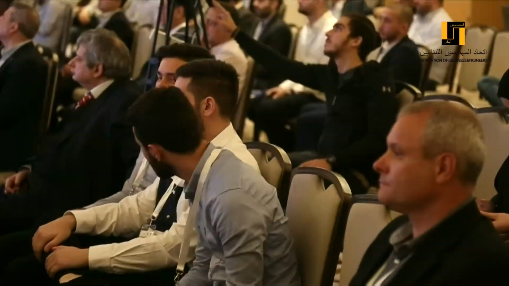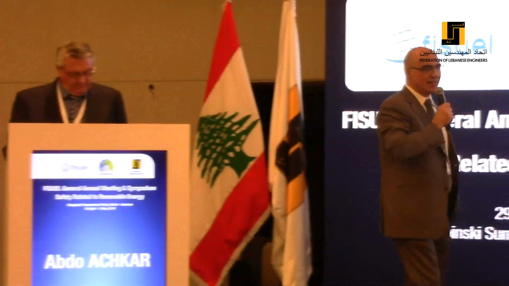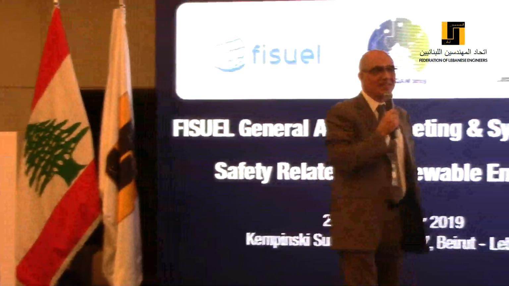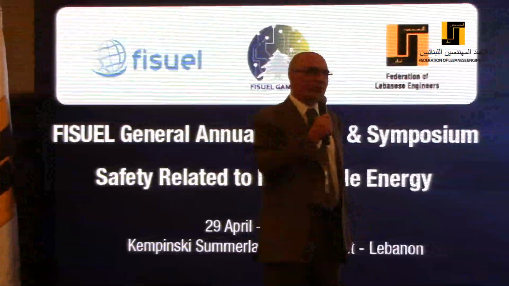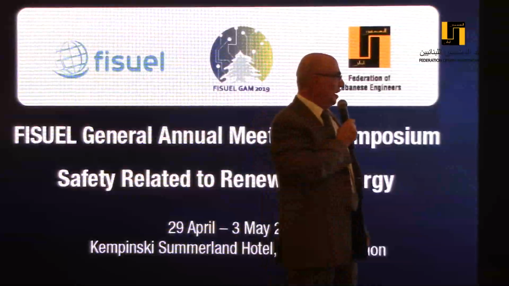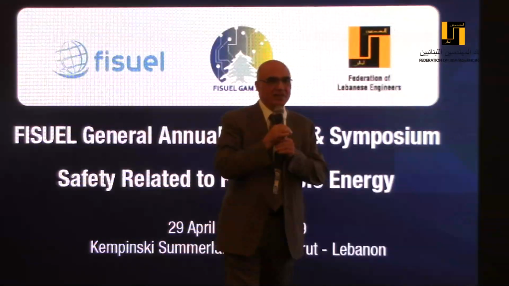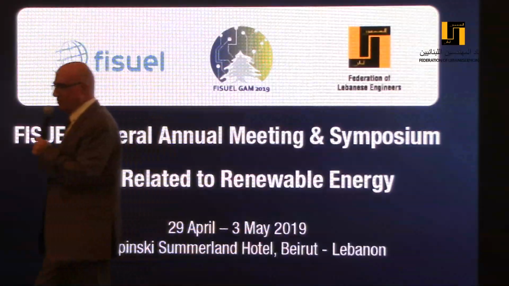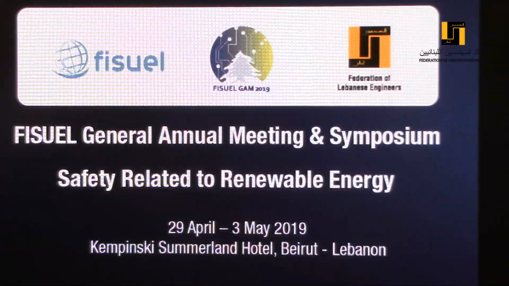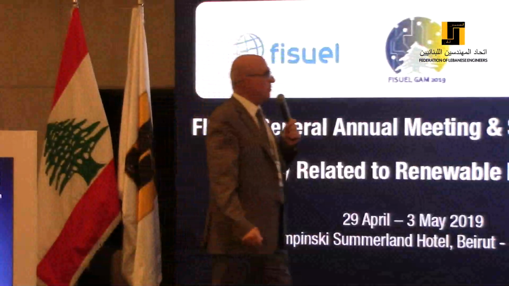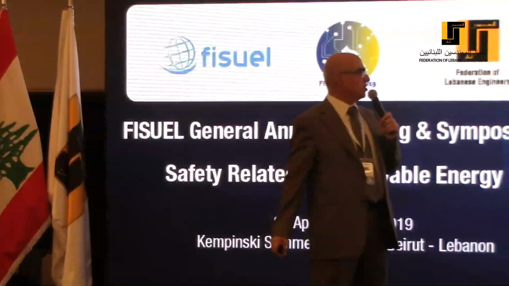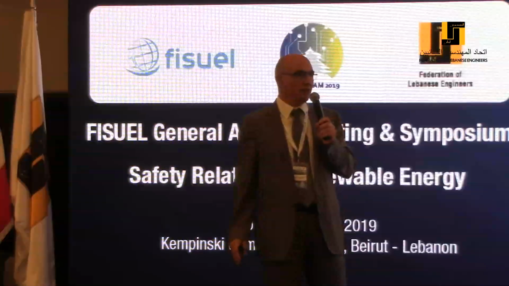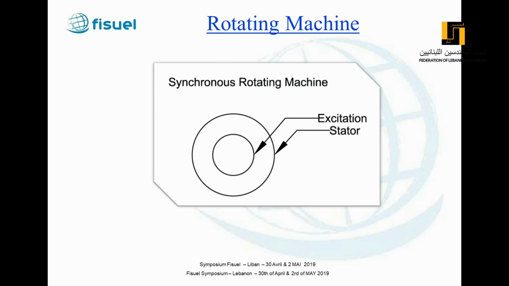Thank you, Mr. Ashkar. Now our next presentation, I can say it's like a small step into the future of the elevator. And it's definitely, as you will see, going to change all our concepts regarding this matter. To start with, a rotating machine, we all know, consists of a rotor and a stator or excitation.